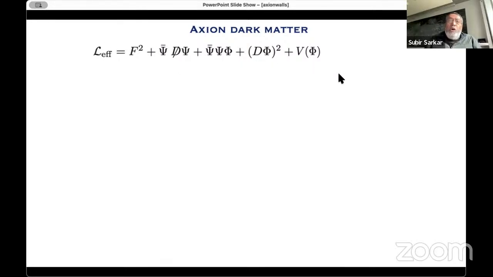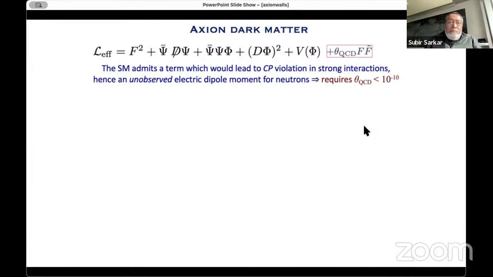There is also the freedom to add a term, which is boxed in there, which is perfectly natural. It's perfectly well allowed by all the symmetries we know. However, it would lead to CP violation in the strong interactions. And a very interesting calculation shows how this term would give rise to an electric dipole moment for neutrons.